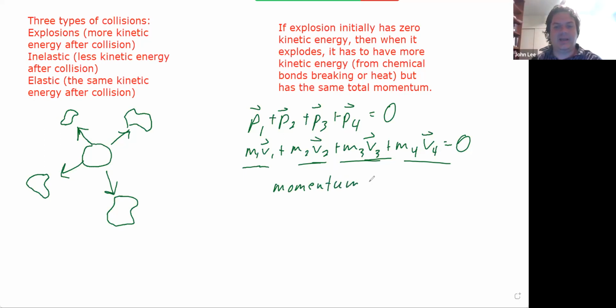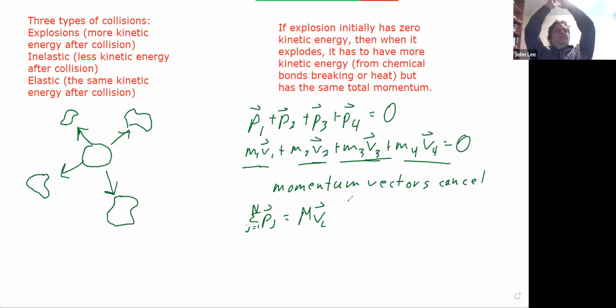And then you can also have it so that if, say, you're talking about a firework which has an initial velocity, then the sum of all the individual momenta from j equals 1 to j equals n equals the original mass times the original velocity. So all of the momenta are going to add up to the original momentum.